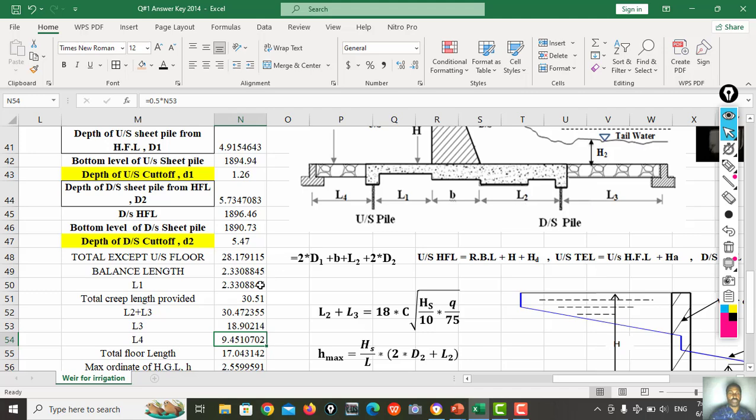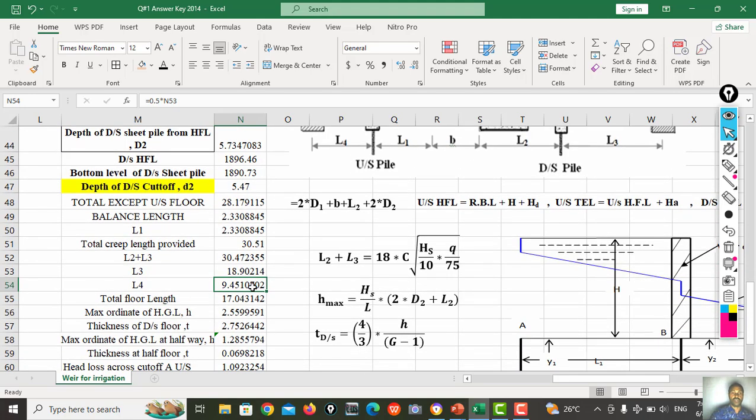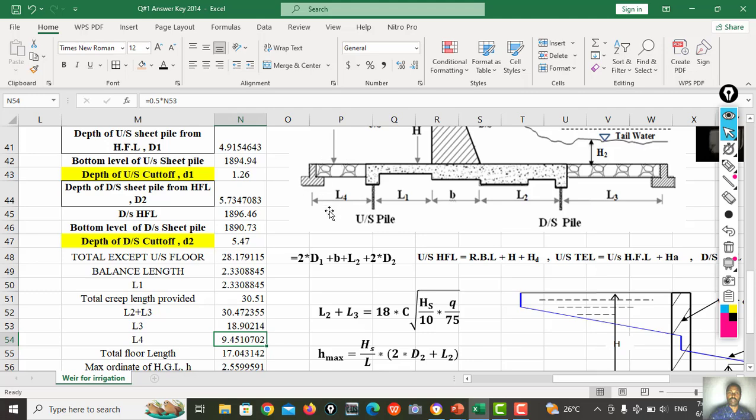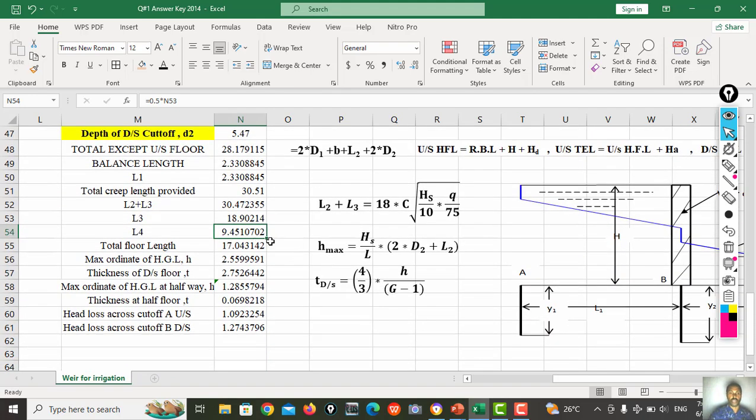L1 and L2 are impervious aprons, but here downstream boulder pitching, L4 and L3. So you take half of L3, you will provide L4, upstream boulder pitching, just to avoid erosion. And total floor length will be this one, you can check.